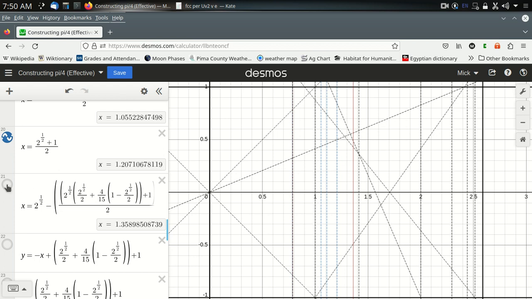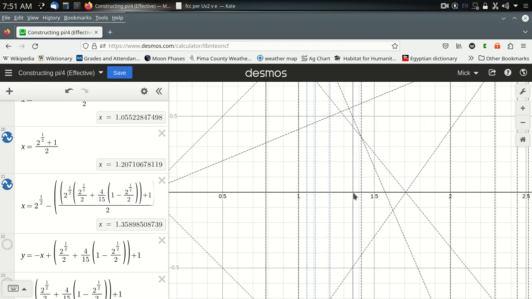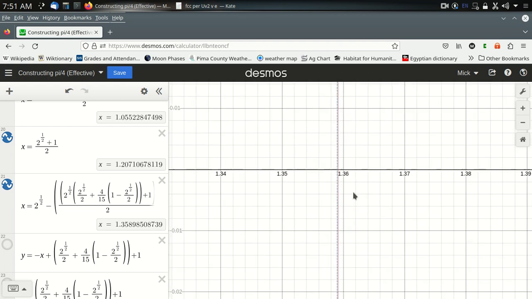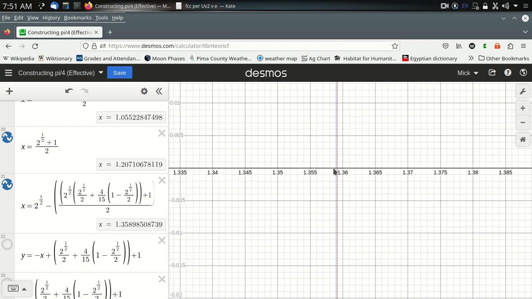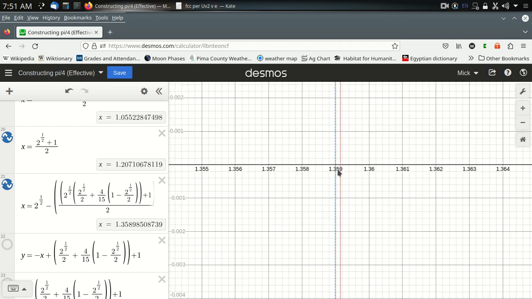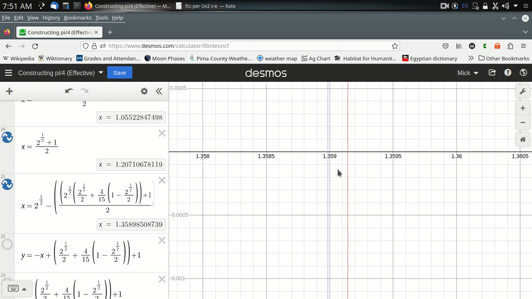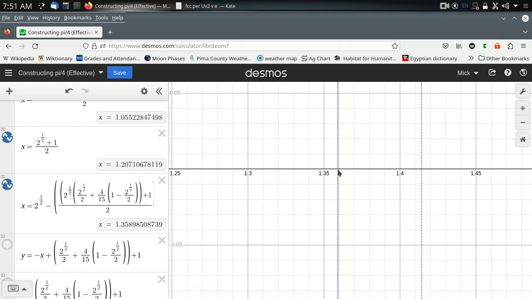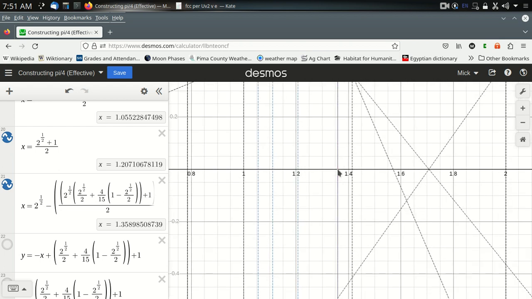And it's going to be, boom, right on top of 1/2 of E. And if we zoom in, see how accurate this is. It's pretty good. You have to zoom in quite a ways for it to really be noticeably off. It's not as good as our approximation of the fundamental circle constant, but it's pretty good. It's pretty accurate.